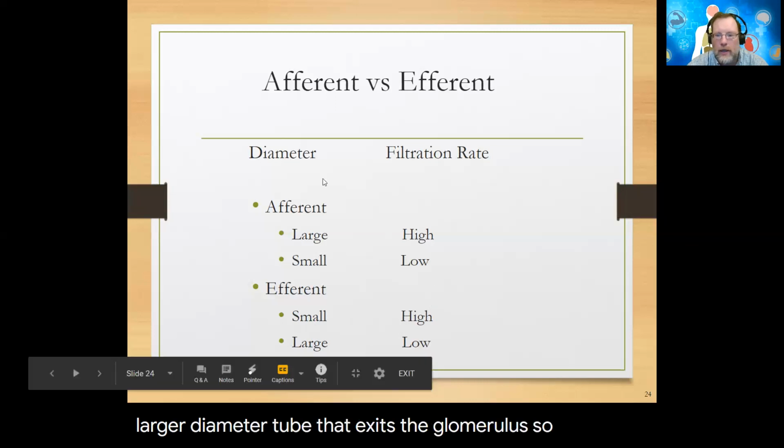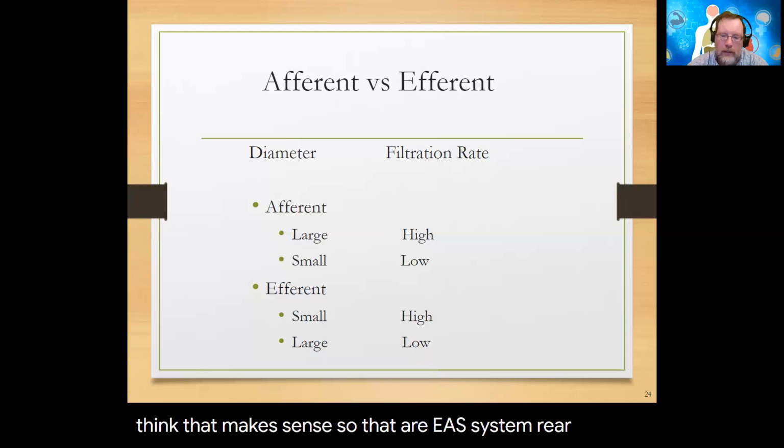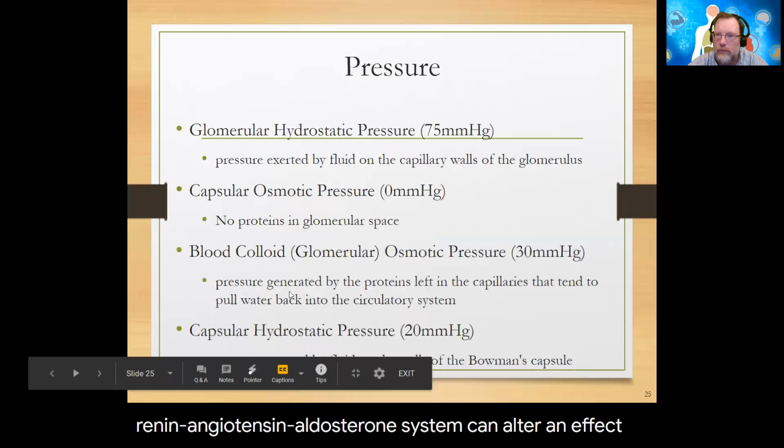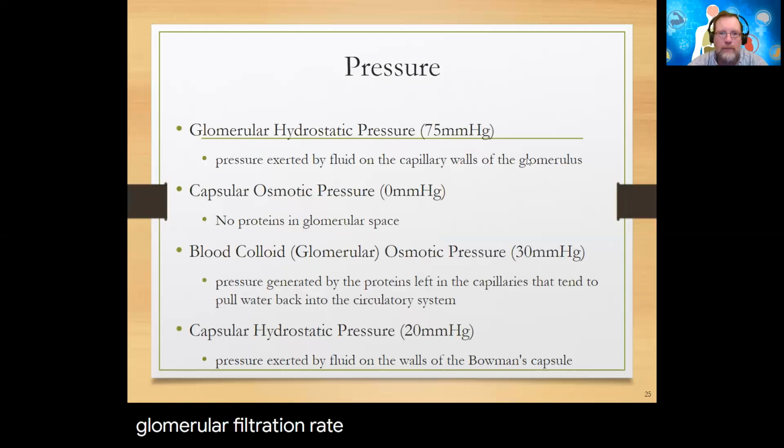So anyway, I think that makes sense. The RAAS system, the renin-angiotensin-aldosterone system, can alter and affect the glomerular filtration rate as well. And again, we'll look at that shortly.